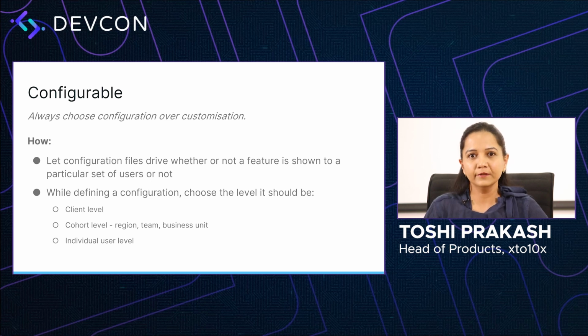At a cohort level, you want to keep region or division specific nuances. You may have specific features available for, say, the tech team, and those disabled for the HR team. So you can do it at a cohort level also. These should ideally override whatever is there at a client level.